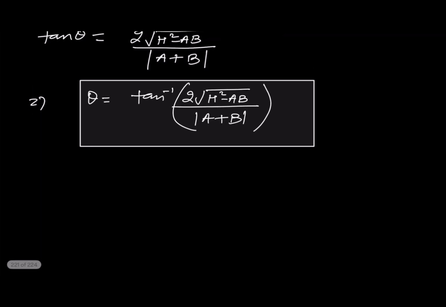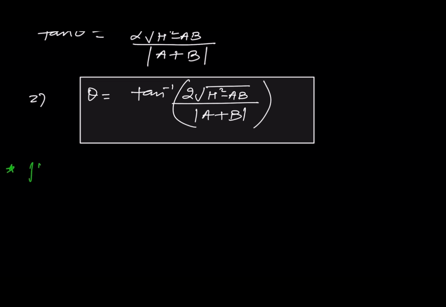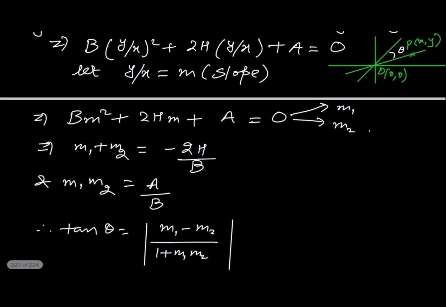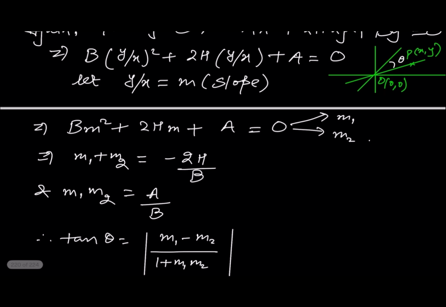Now there are some points. Point 1 is if the lines are coincident. I'm talking about coincident lines because if we are taking a pair, then lines cannot be separated.